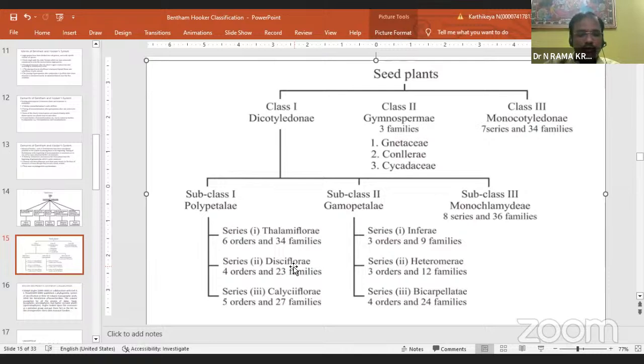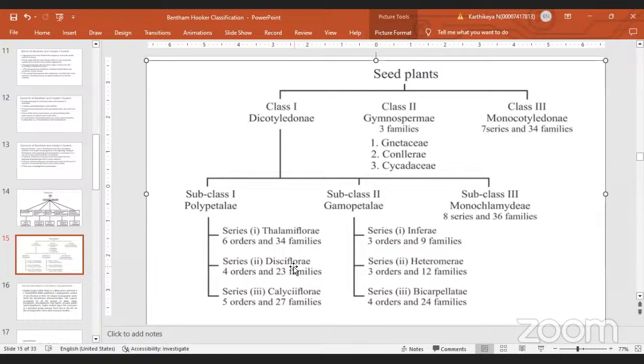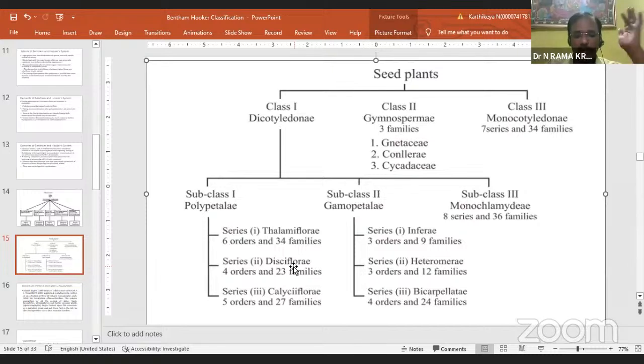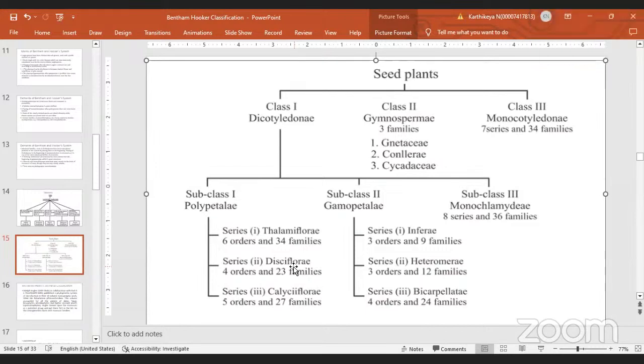Calyciflorae means the sepals are united, the ovary is adnate, and the flowers are perigynous or epigynous. The disc is rarely present or absent. This is Calyciflorae. Now the Polypetalae subclass is completed.